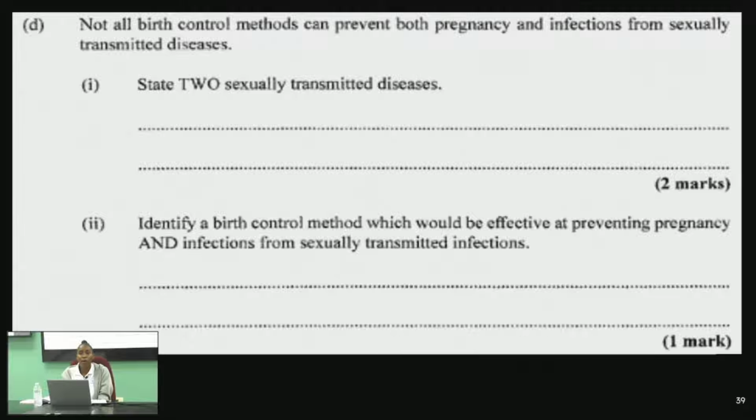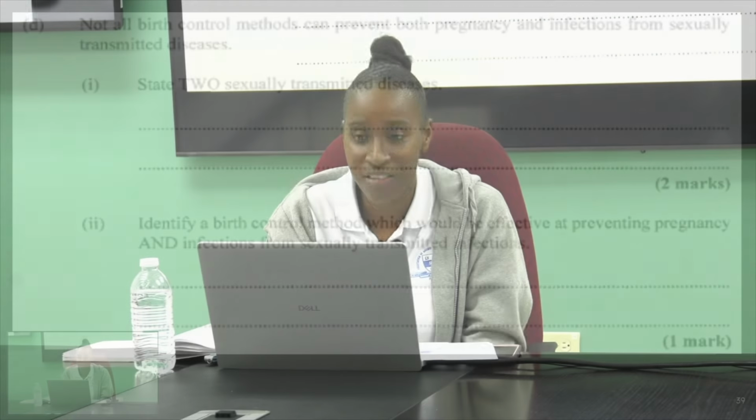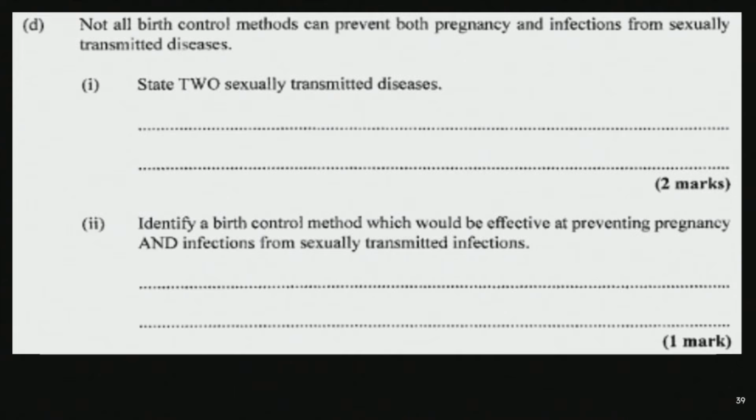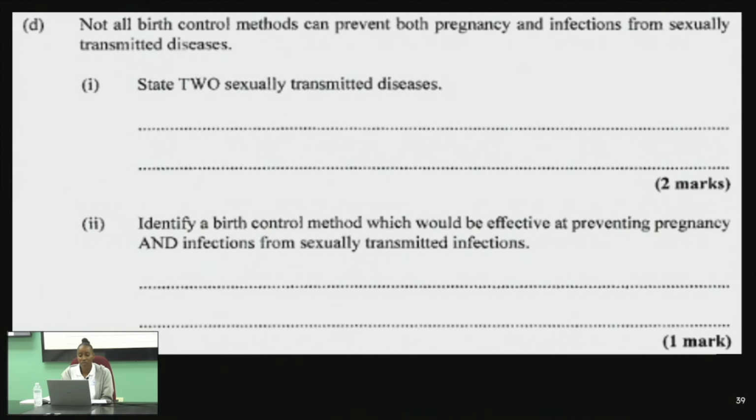All right, we know about HIV, we know about AIDS, we know about gonorrhea, we know about syphilis. So unfortunately, there are many types of sexually transmitted diseases. It says identify a birth control method which will be effective at preventing pregnancy and infection from sexually transmitted diseases, which we know would be our condom. You can have the male condom or you have your femidom.